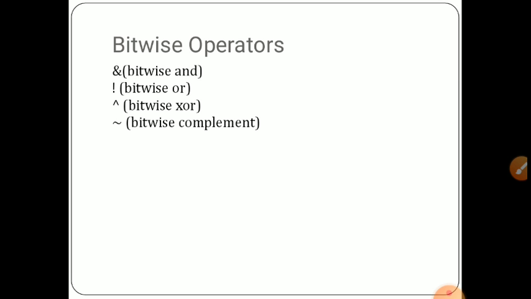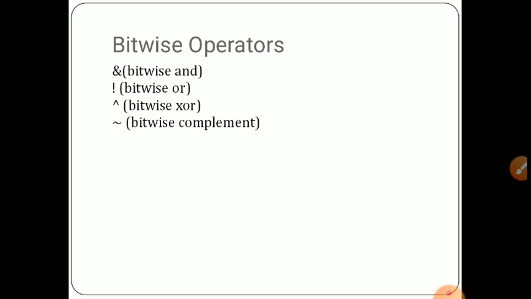Bitwise operators are used to change individual bits in an operand. Some basic bitwise operators are AND, OR, bitwise XOR, and bitwise complement.